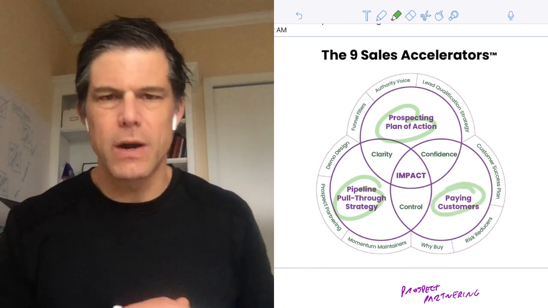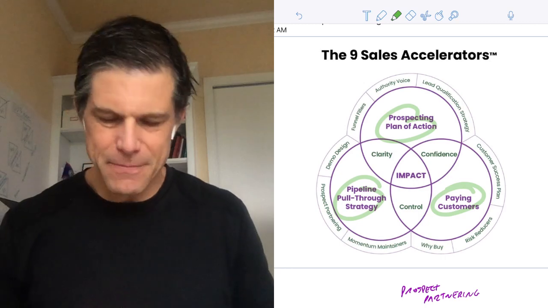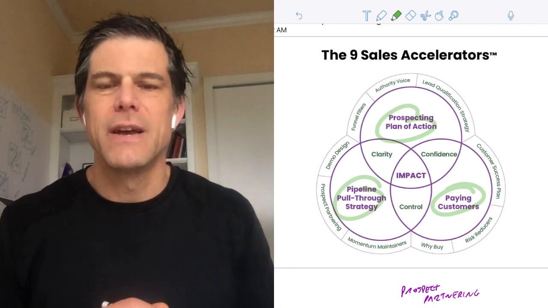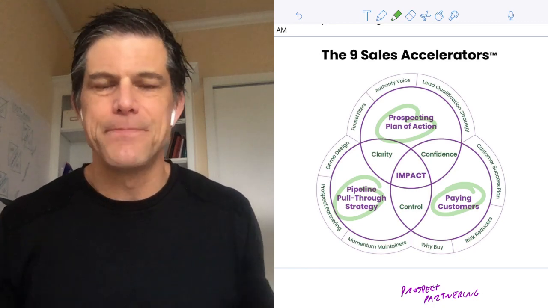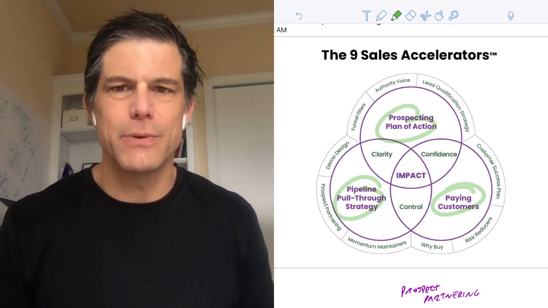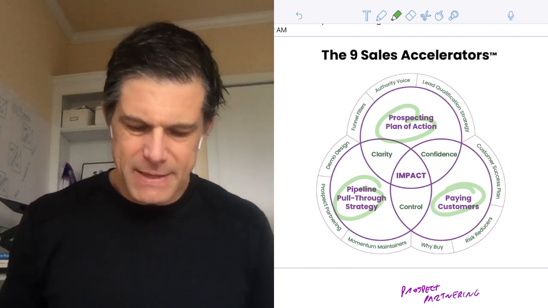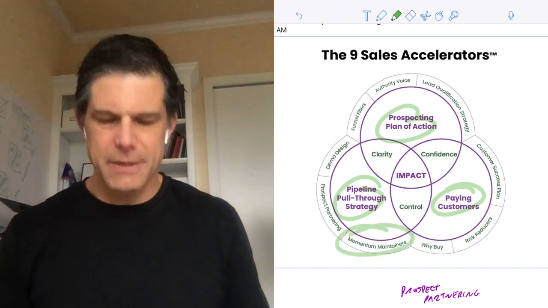And then you have your paying customers and implementation. The 9 sales accelerators are the 3 systems around each of these 3 pillars that every startup needs to implement in order to grow and scale, to get a repeatable, scalable sales process. And what we're going to be talking about today is down here under momentum maintainers.